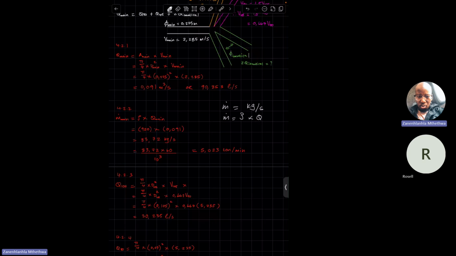And in terms of how the dimensions work out, we know the density is kilograms per cubic meter, and Q is cubic meters per second.